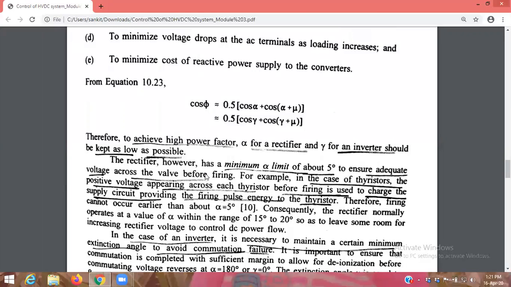So that's why a minimum firing angle range has to be provided. This is there by default by construction of the rectifier circuit, and normally it is about 5 degrees. In normal operation, the firing angle is kept in the range of 15 to 20 degrees.